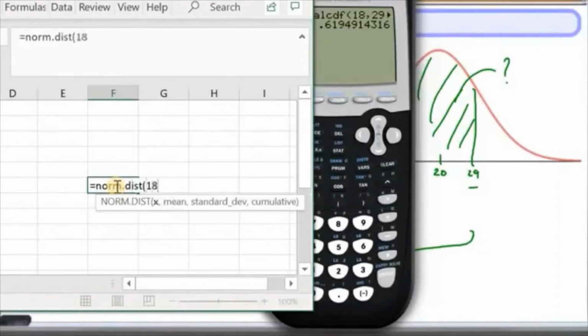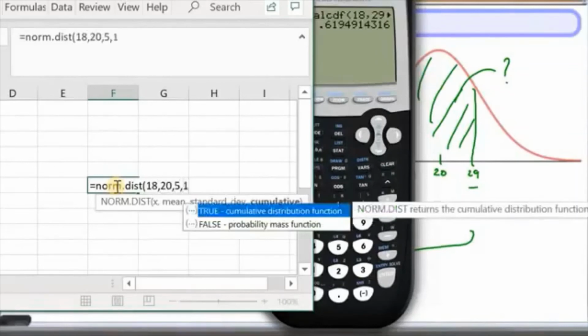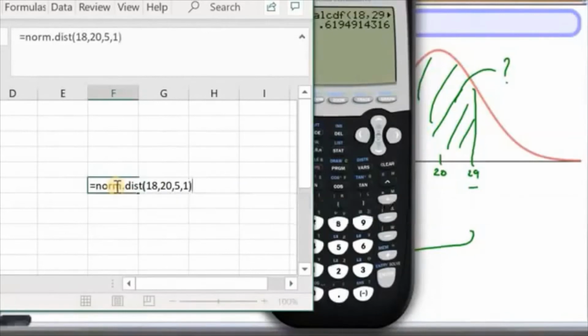So our x here is 18, our mean is 20, our standard deviation is 5. Since we are trying to find cumulative area from point 18, we will just use 1, or you can just type true. I will just use 1 for this, then close your parentheses, then hit enter. Okay, so this is the area to the left from point 18.